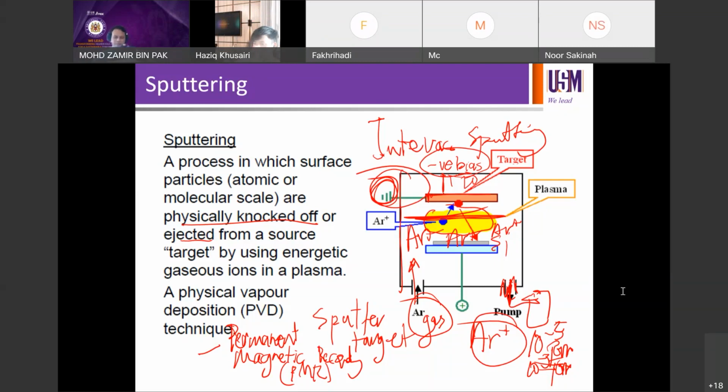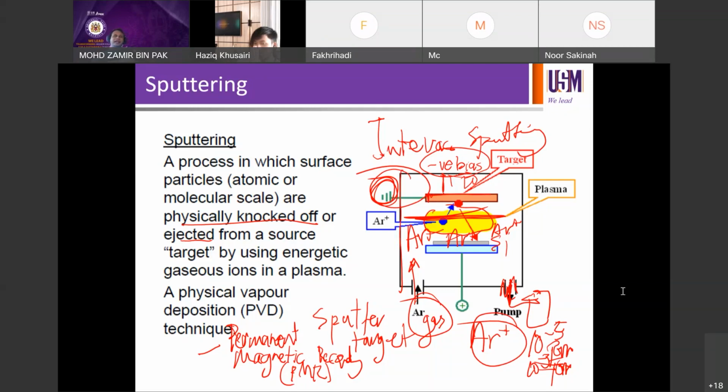Then, dan sputtering tak jadi. Sputtering apa? Sorry? Sputtering tak jadi. Tak jadi ke makin jadi? Eh? Kenapa sputtering tak jadi cakap?